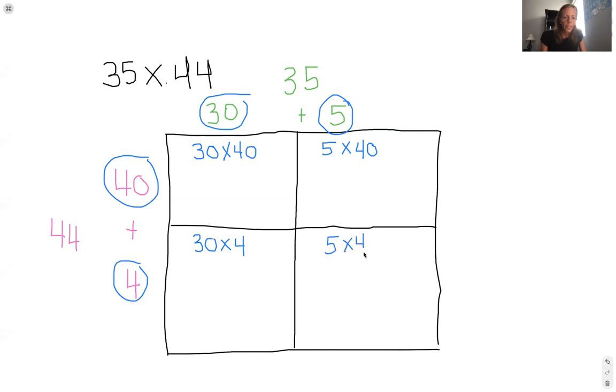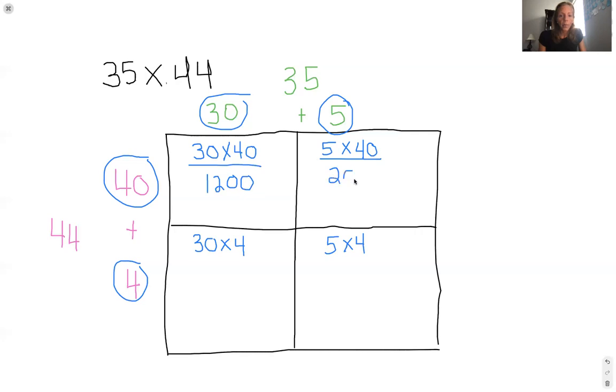Now, if I know 3 times 4 is 12, I know that 30 times 4 is 120. So 30 times 40 is 10 times more than 120, which is 1,200. If I know 5 times 4, which is 20, I know that 5 times 40 is 10 times more than 20, which is 200.